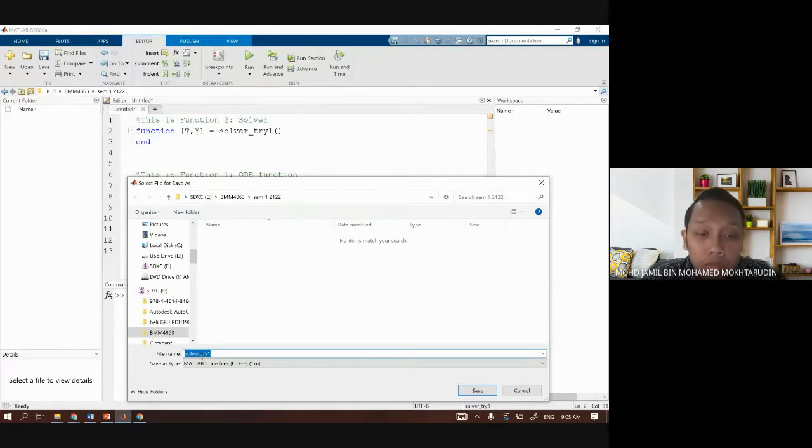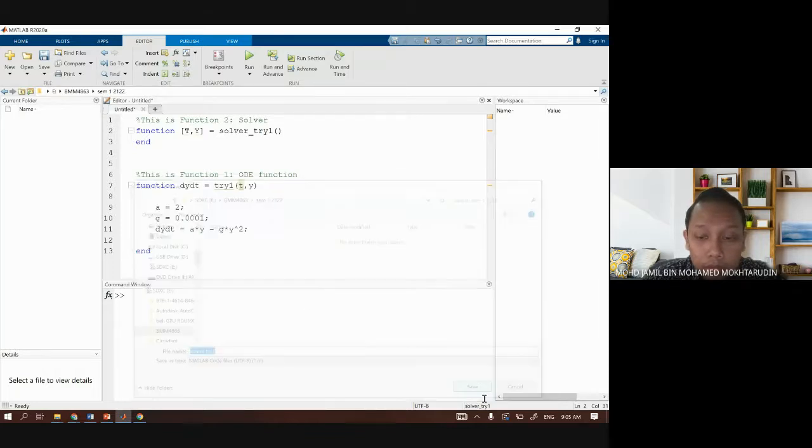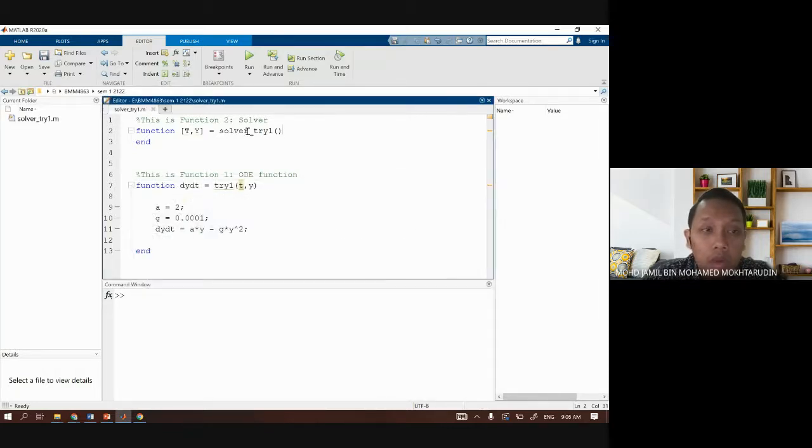You must make sure that it is saved using the same name as the function number 2 here. After you save it in the current folder, don't change this anymore. Don't suddenly halfway change or delete it, or it won't work. Make sure this is the same as the .m file that you save here.